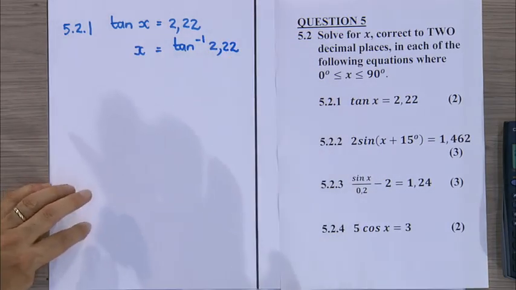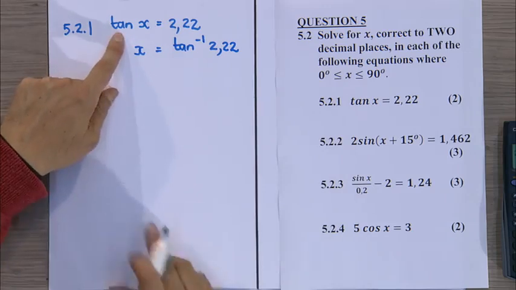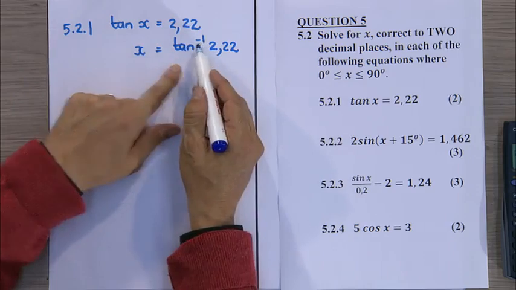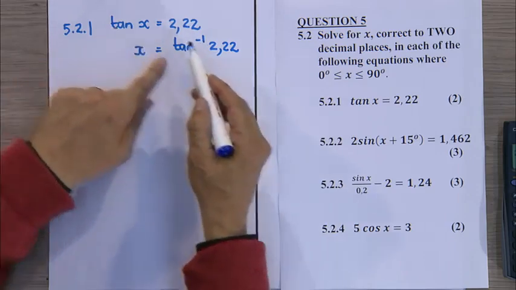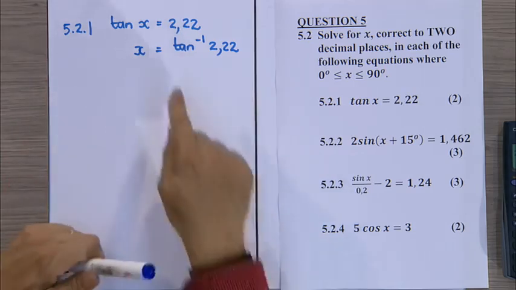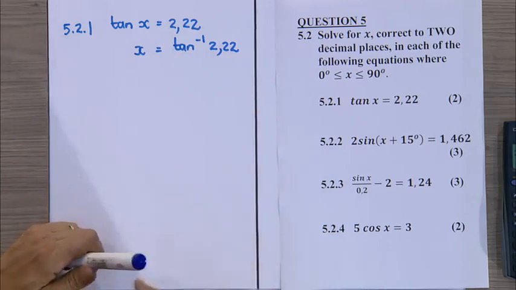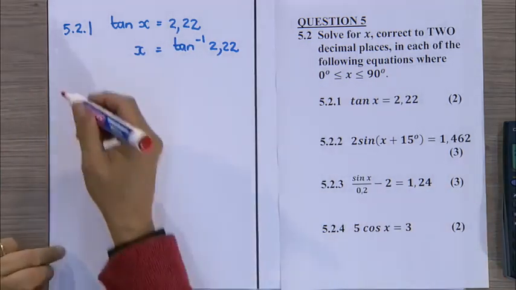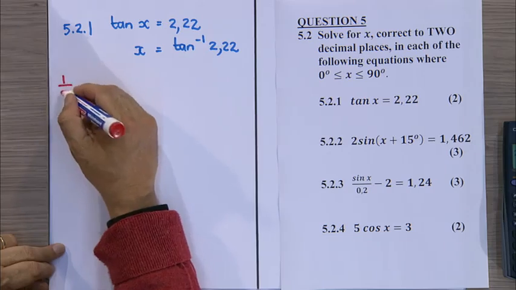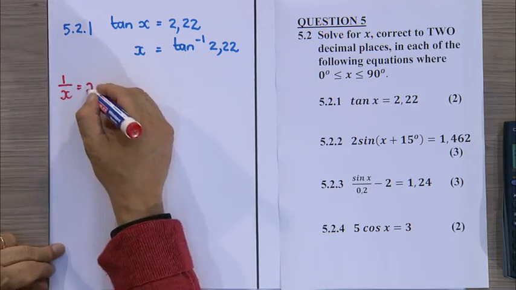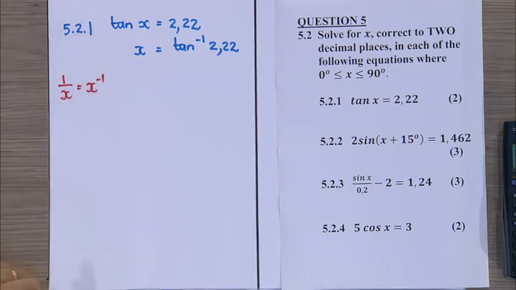Now, if I had cos here, it would become cos to the power minus 1. If I have sine here, sine to the power of minus 1. It's a whole explanation. When you work with exponents, if we have 1 over x, then we can write that as x to the power minus 1.